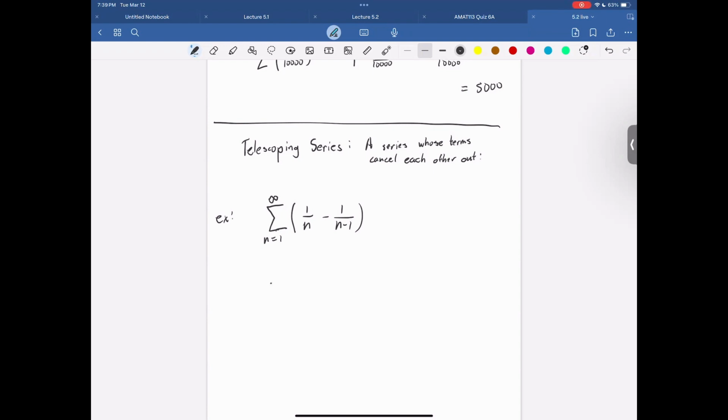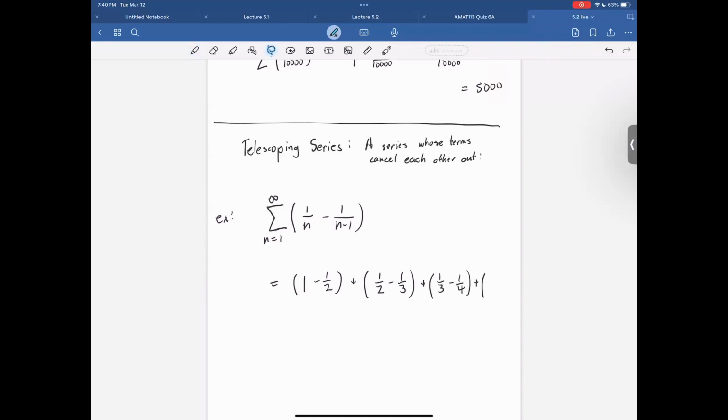As we write out these terms, we see that the first term is going to be 1 minus a half. Our second term is going to be 1/2 minus a third. Our next term is going to be 1/3 minus a quarter.